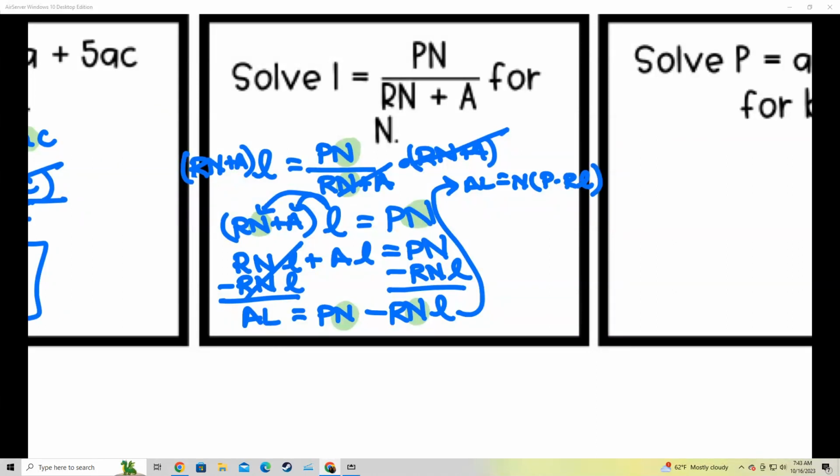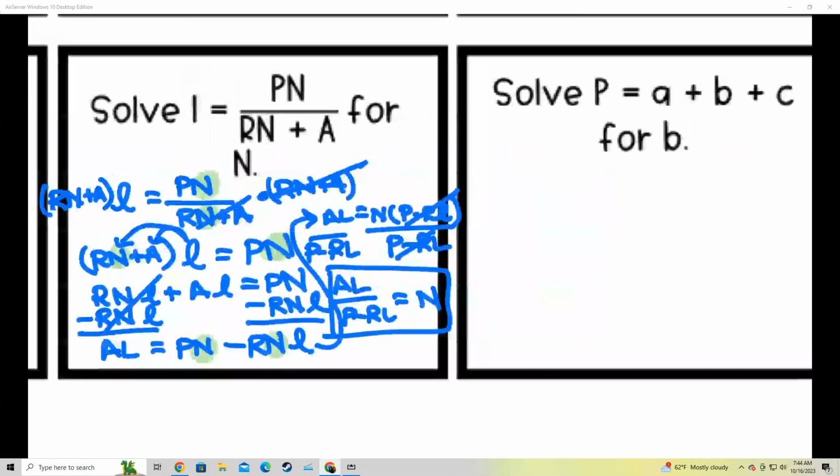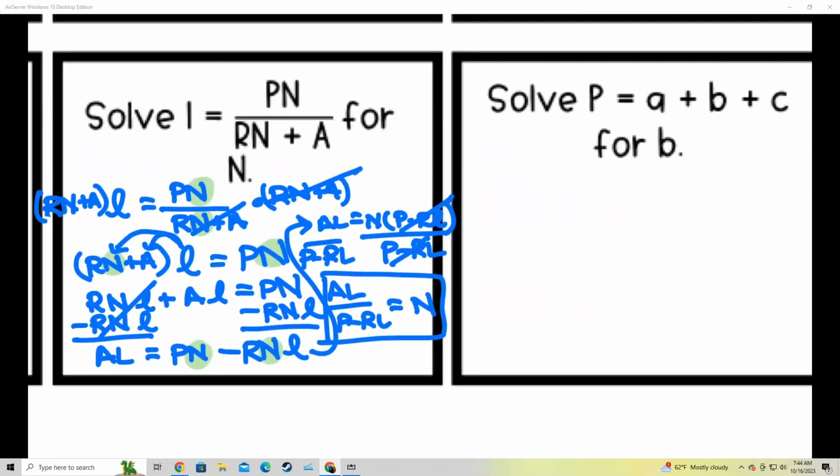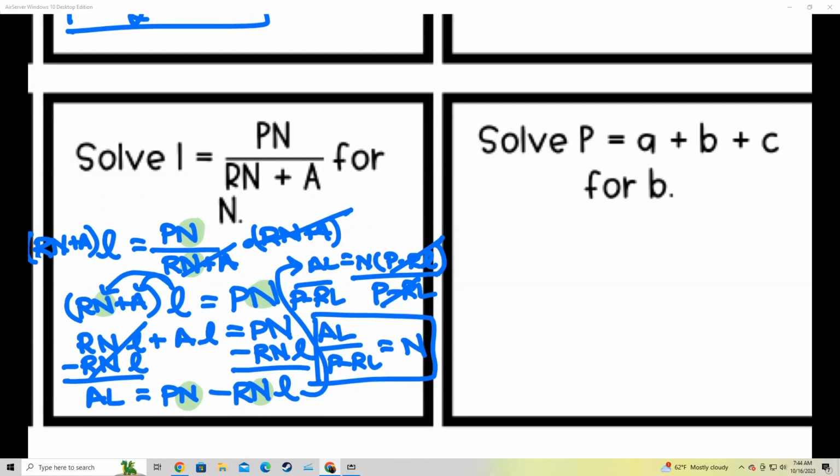Finally, I can get that n by itself by dividing both sides by that P minus RL. These are going to cancel, and I finally get AL over P minus RL is equal to n. I don't know why this problem is here, guys. I think in regular class notes, I'm just going to skip it because that problem is way too difficult.